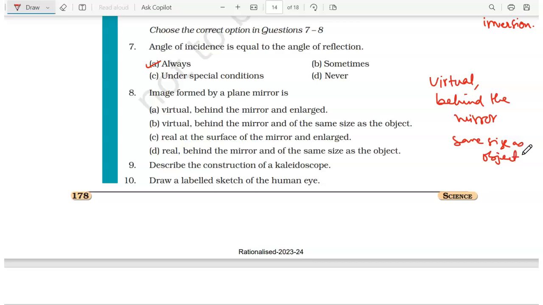So which option is matching here? Virtual: A, B, both are virtual. Behind the mirror: A, B, both are behind the mirror. But about the size, in A it is enlarged. In B it is the same size as the object. So the answer will be 8B.